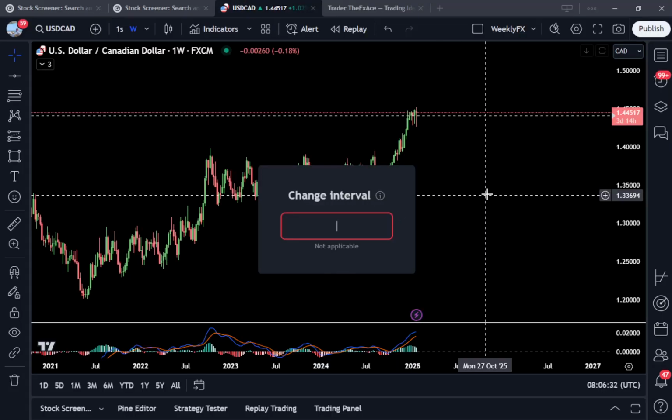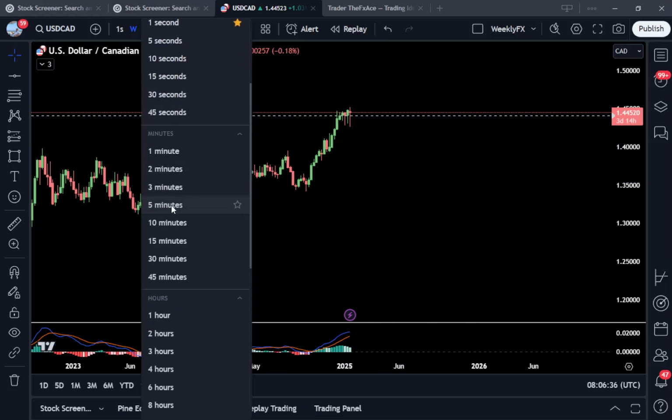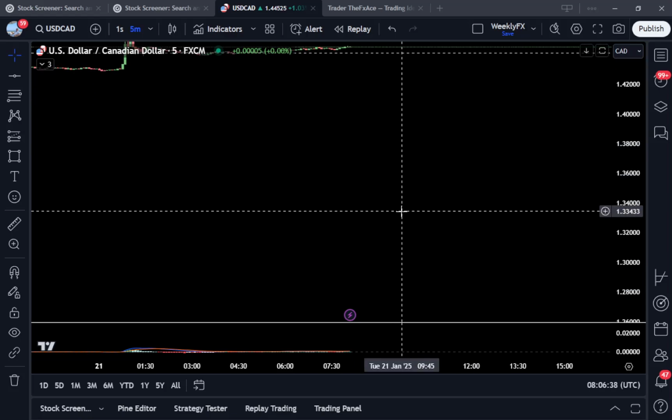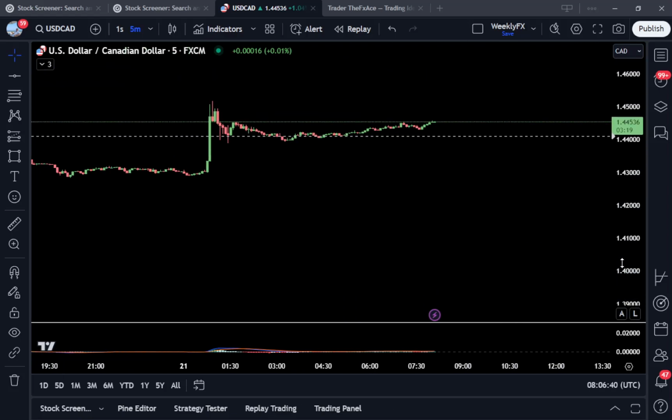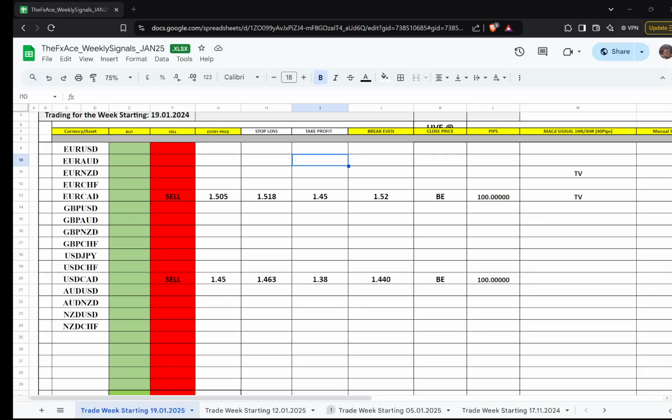So let's first off look at the charts. Just look at this move this morning. I was pretty happy with this rally to the upside, as it got me into two of my first trades for the week. I'll just show you them now. I was looking to sell this week, as I mentioned in yesterday's video, US dollar CAD at 145.